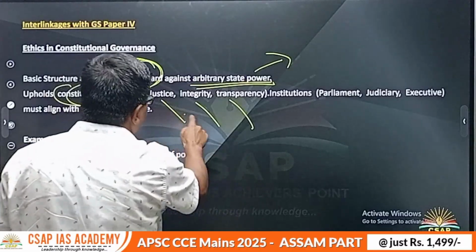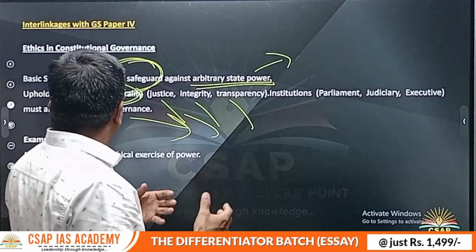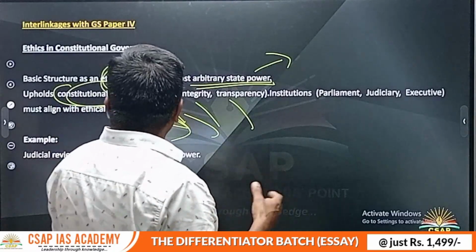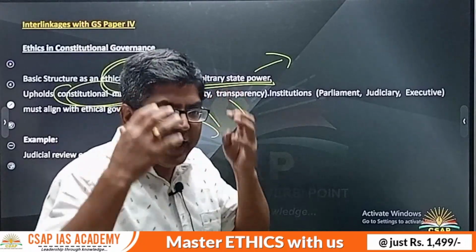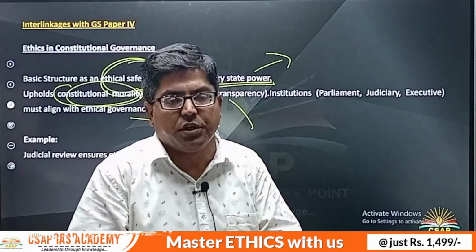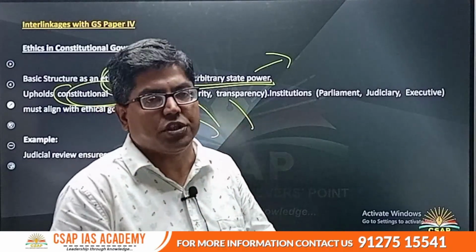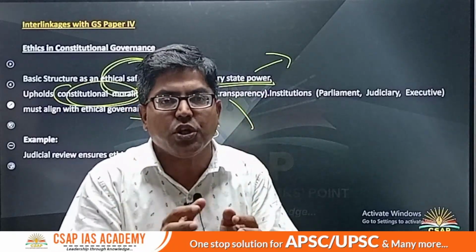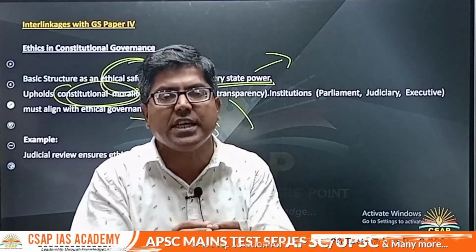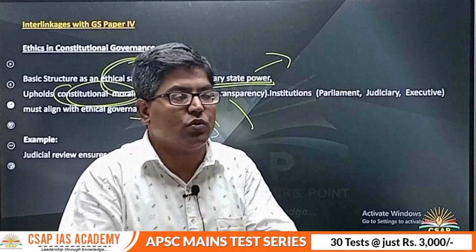The functioning of all these institutions has to be based on constitutional morality, the ethics that flows from our constitution. The ethical values that emerge from our constitution need to be followed. So our constitution is one of the important sources of ethics and ethical values.